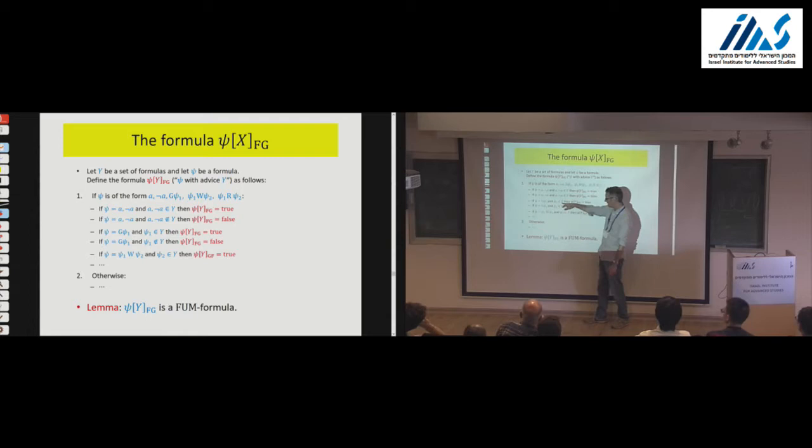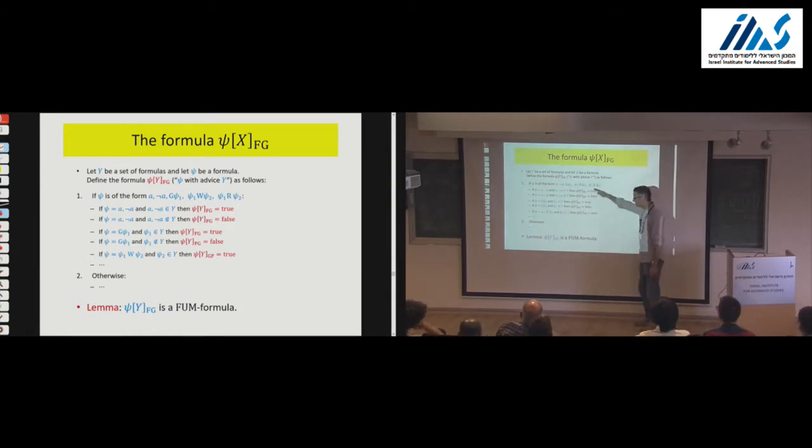For example, imagine that your formula is of the form G psi 1, and God tells us psi 1 is in the set, so then we can replace this by true, and otherwise we replace the formula by false. The same thing goes through. It is completely dual.